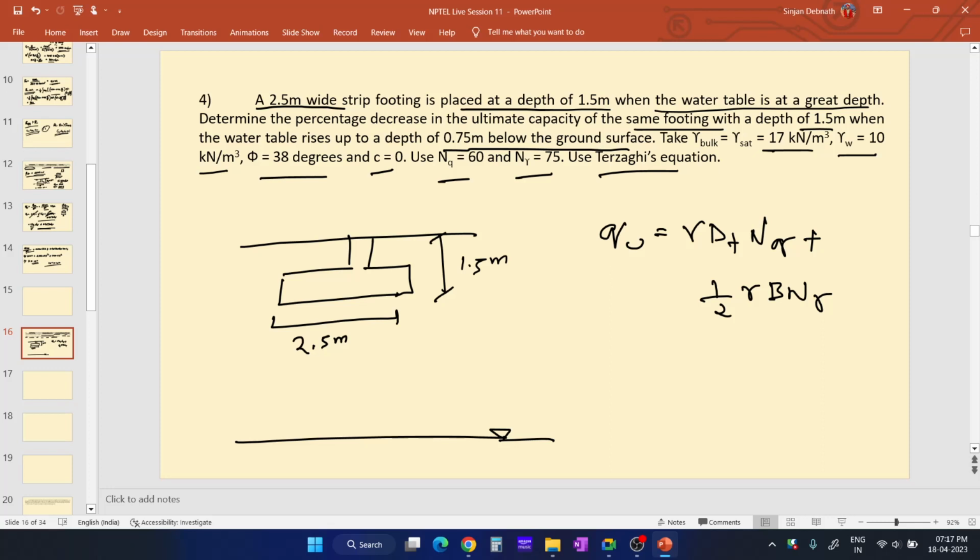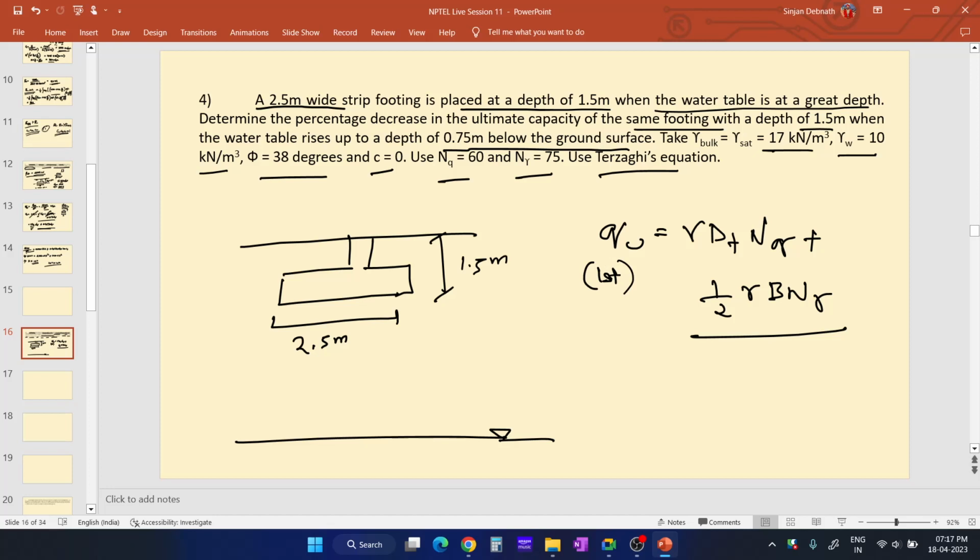This is the ultimate bearing capacity equation for a strip footing in sand. This is the first case, the dry case, because the water table is at a greater depth.